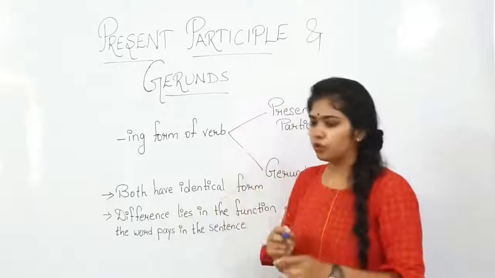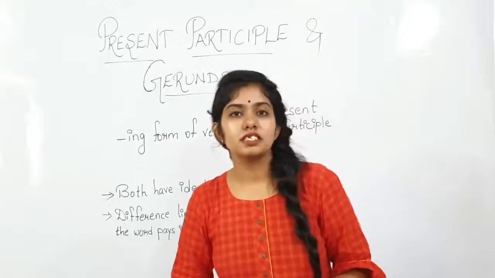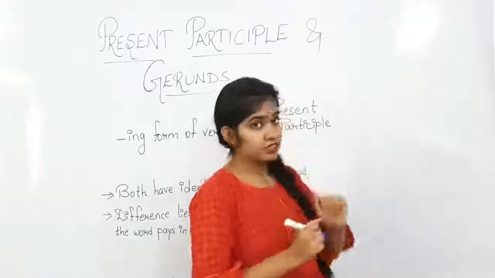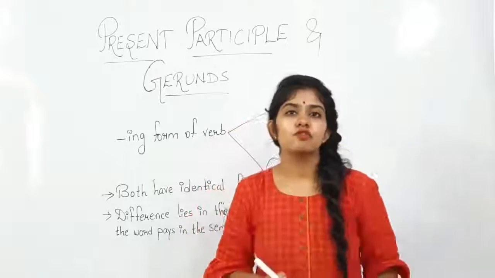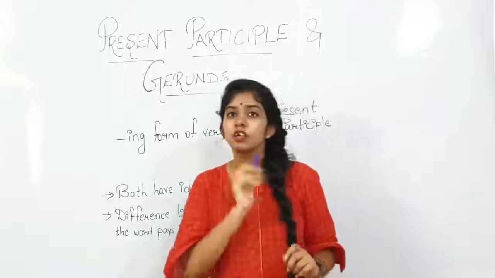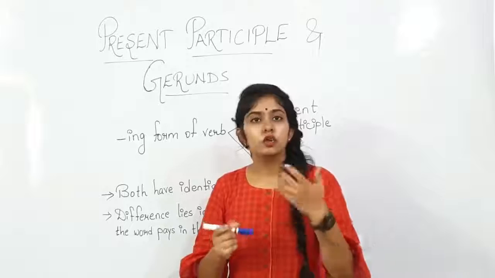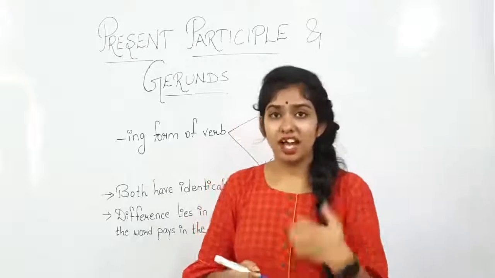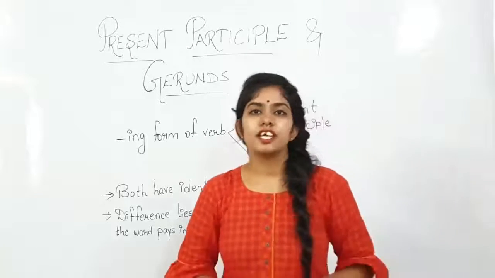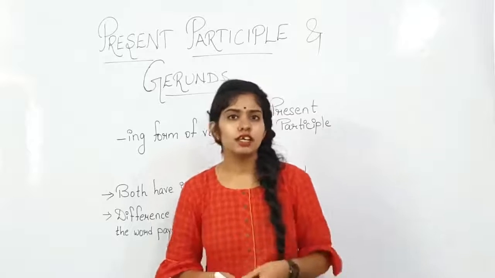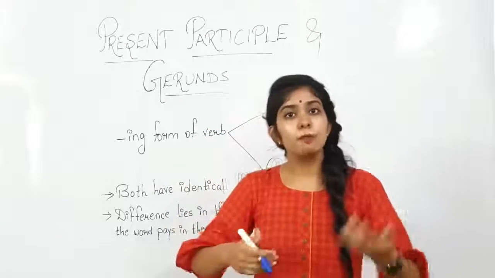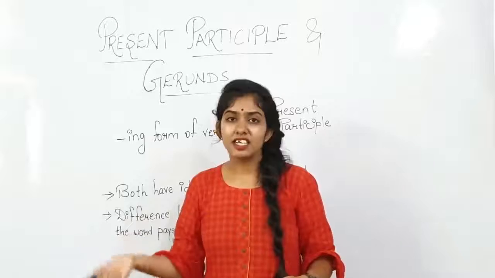Now, as you know, in present participle and gerunds, we have the ing form of the verb. What do you mean by verb? Verb is an action word. Whatever actions you do or I do come under actions, such as cooking, listening, jumping, walking, dancing.